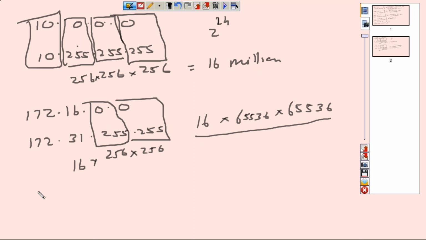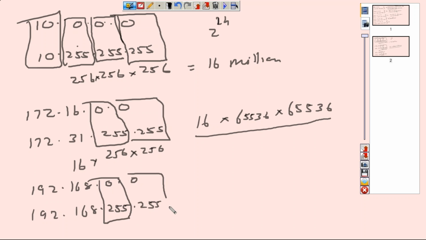How about Class C? 192.168.0.0. So that would be basically 256 into 256. What is 256 into 256?